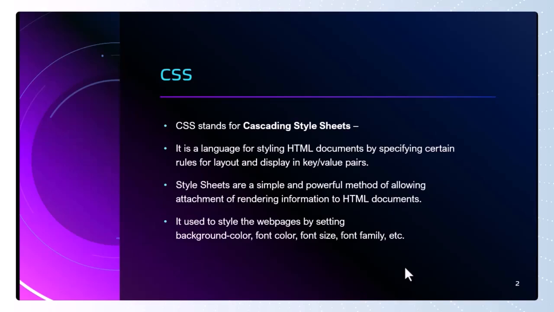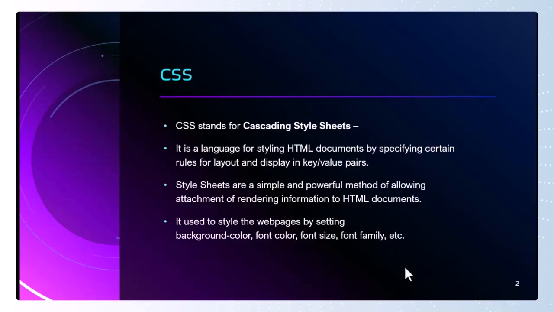The HTML document gives the content and the structure, and then CSS is used to style it, using key value pairs. You make rules, and with these key value pairs you change the style of the page.